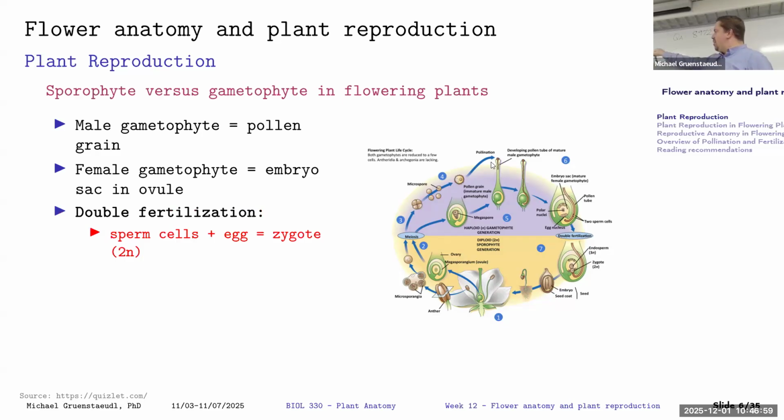Double fertilization means that from the male gametophyte, one of the nuclei will fertilize an egg cell in the female gametophyte to produce the zygote. But that's not the only fertilization.